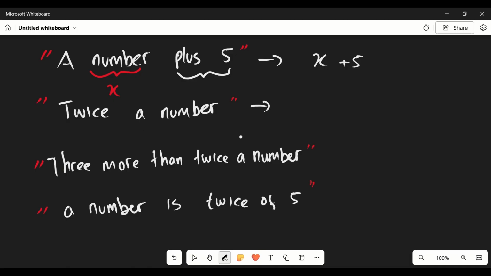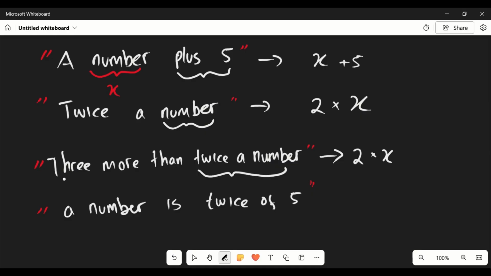Twice a number, that means 2 times a number. 3 more than twice a number. It means twice a number and 3 more.